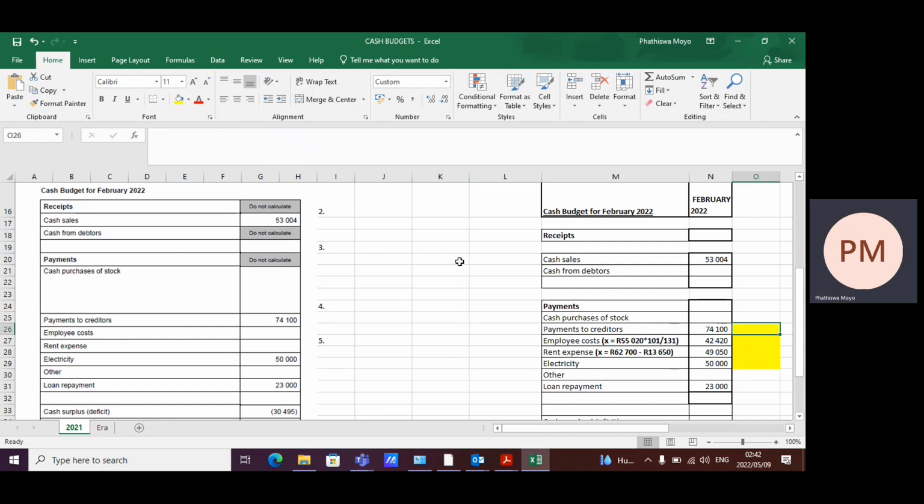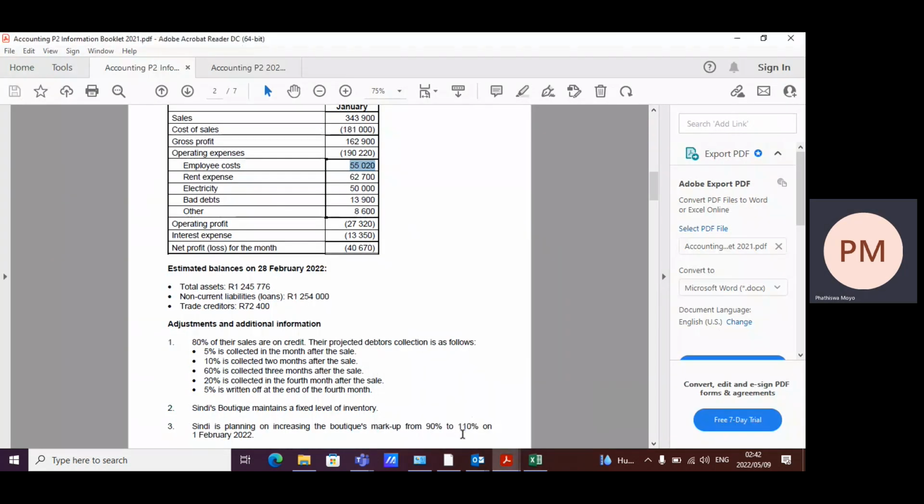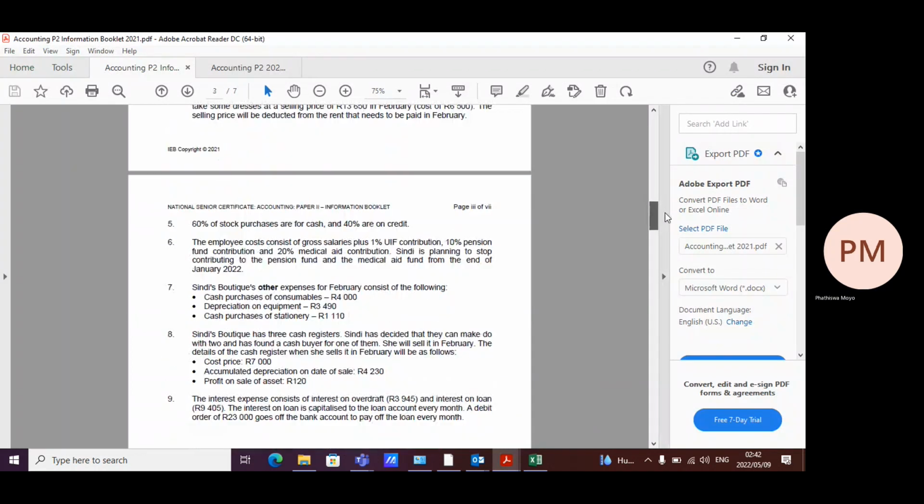Payment to creditors you were given. Let's continue. Cindy's Boutique's other expenses for February consist of the following: cash purchases for consumables, depreciation on equipment, and cash purchases of stationery.